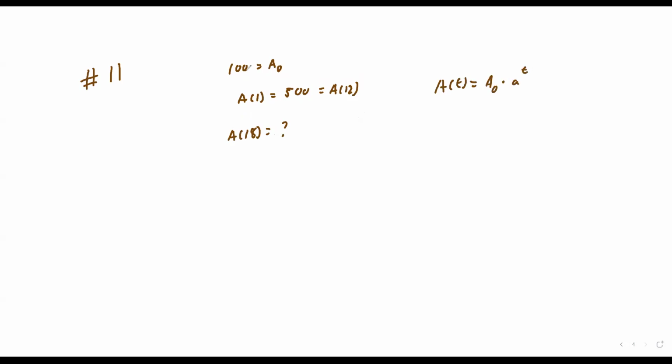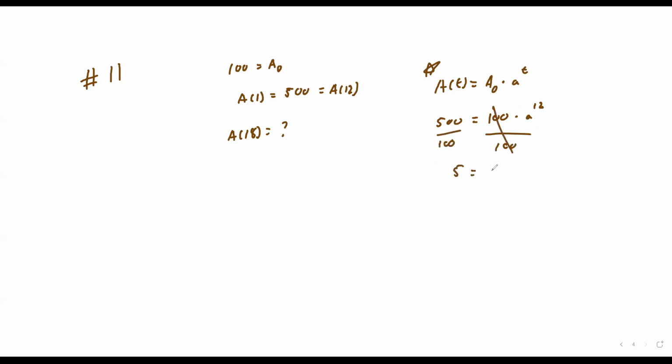All right, so I can use some of the information I got. I originally have 100 rabbits. I don't know my a, but I know after 12 months, I would have 500 rabbits. So now we can solve this. So this is the key formula to remember. It did not give it to you this time, but it's the same setup as your half-life. All right, so I'm going to divide by 100.